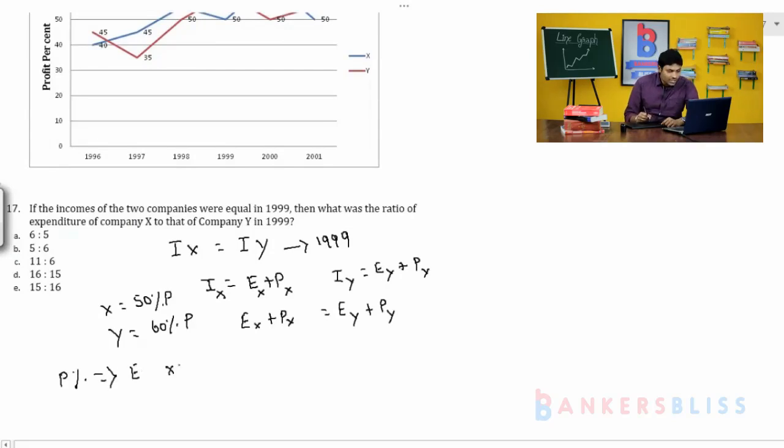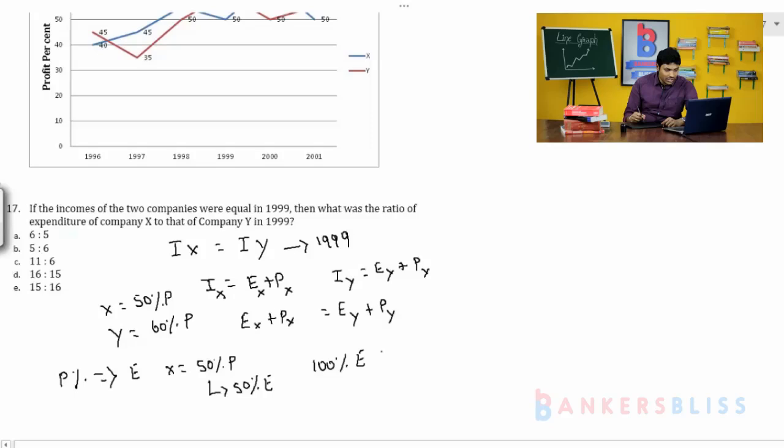So X is equal to 50% profit, which is 50% of expenditure. So here, if you write expenditure in terms of percentage, it is 100% expenditure. Why do we have to take 100% expenditure? Already in the topic profit and loss we have discussed.